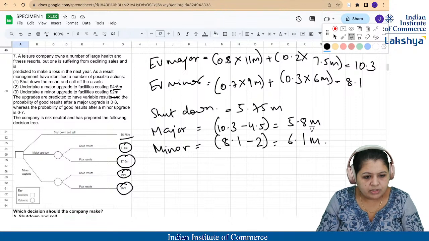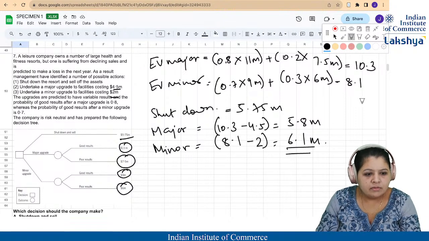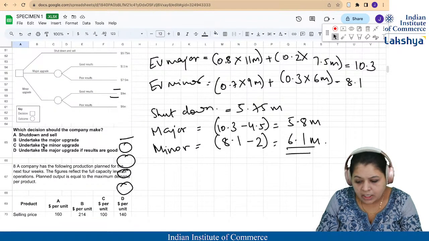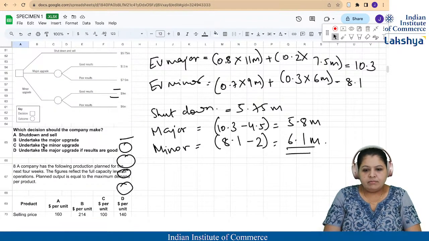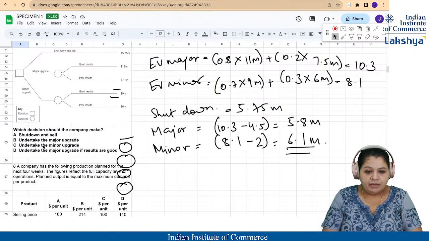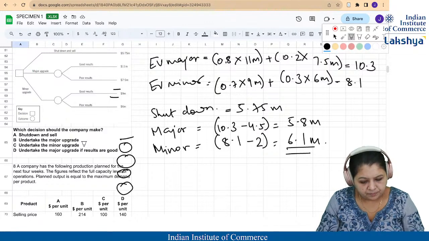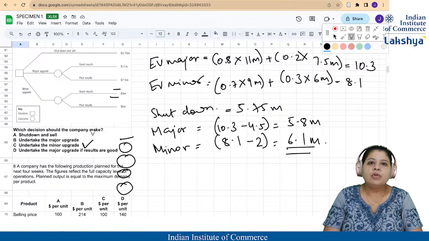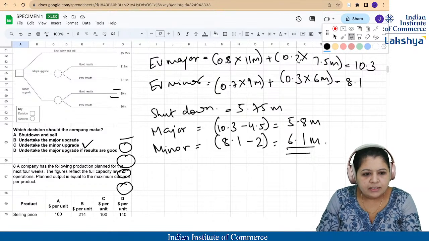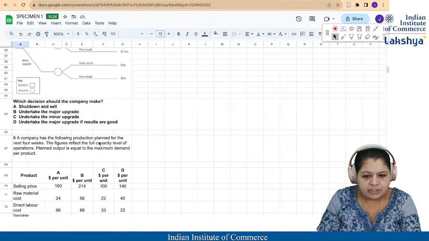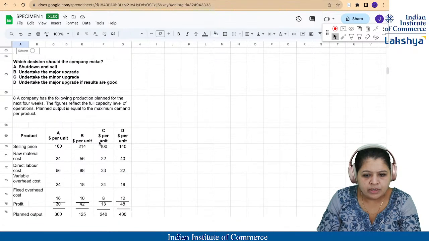So which is the highest value? Let's see what the answer says. We need to take the minor upgrade, which is answer C, predominantly because that is giving you the maximum profit. This is how you deal with it. It's a very simple EV question. It's just that the decision tree sometimes makes students uncomfortable.